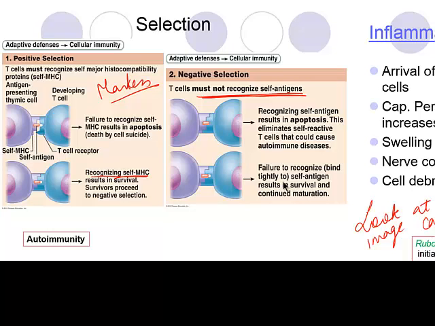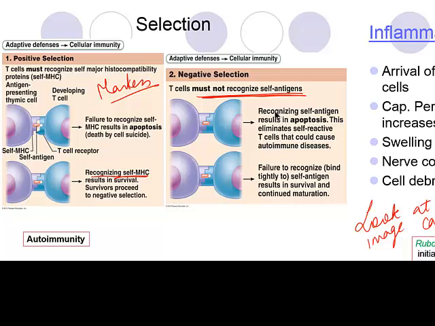You've all heard of autoimmunity, right? Many diseases like multiple sclerosis, Graves' disease, psoriasis, type 1 diabetes, rheumatoid arthritis, all these. In autoimmunity, the body is actually attacking itself. That means it is recognizing these self-antigens as foreign, so it's beginning to interact with them.